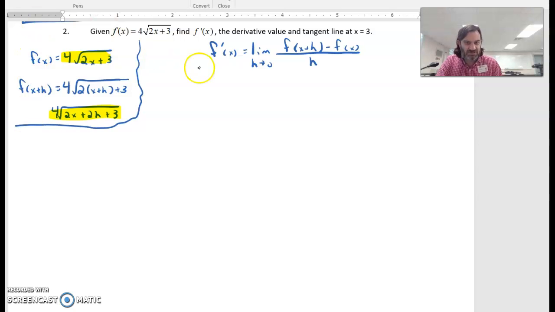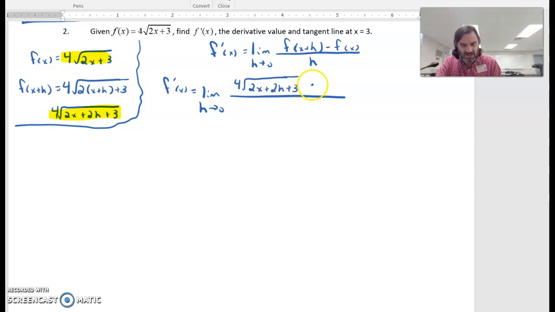So, moving forward, f prime of x equals the limit as h approaches 0 of 4 times the square root of 2x plus 2h plus 3, and then minus 4 times the square root of 2x plus 3, and all that will be over h. I'm finding out sometimes I have trouble writing on the side. Let's try it anyway.